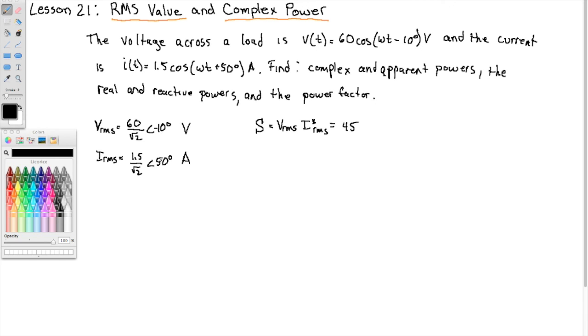So we've got a minus 10 and a minus 50, so that makes minus 60 degrees, volt amps. Alright, so that's part of our answer, right? That is, again, complex power. Now if we want the apparent power, we can get everything from this. So the apparent power is what we're calling S. That is the absolute value or the magnitude of bold S. So that is just 45 volt amps.